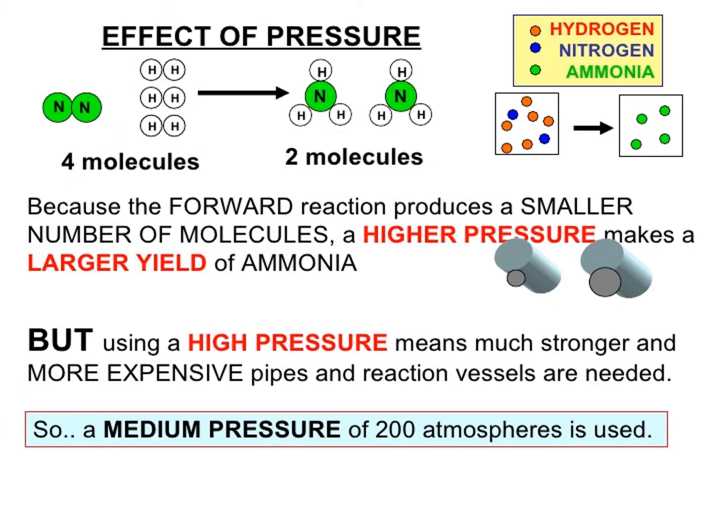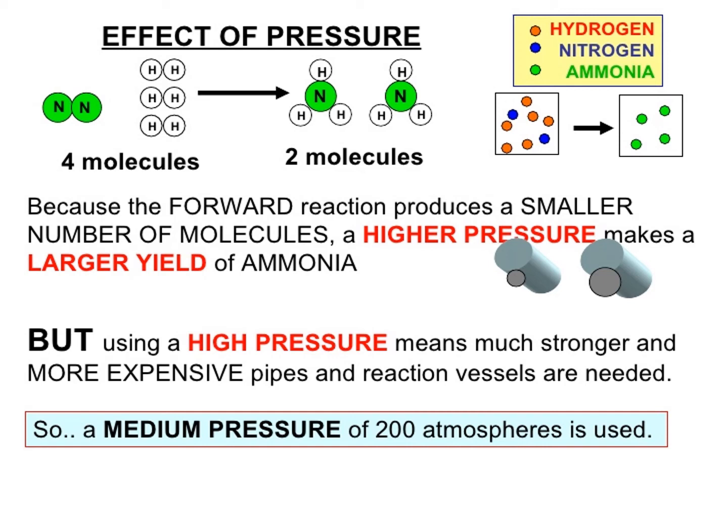Now let's discuss the effect of pressure. We know that in the Haber process the formation of ammonia is a reversible reaction, so pressure has a great effect on formation of ammonia. In this we can see that 4 molecules are on the reactant side and 2 molecules are on the product side.